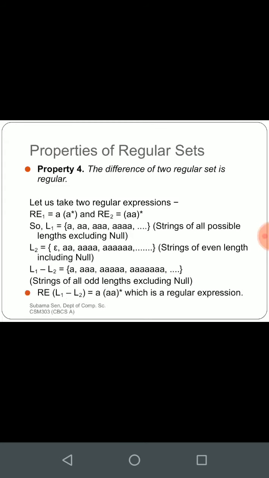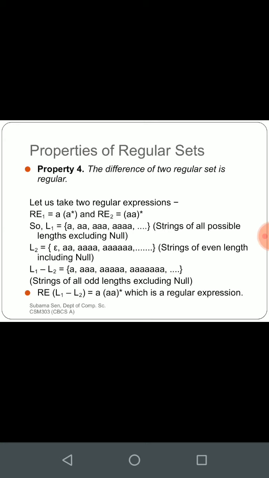Okay. Next we will see that the difference of two regular sets is regular. We have taken one regular expression, A star, and another regular expression, AA whole star. Again I am writing the language, hopefully you can understand now, in the same way for both.